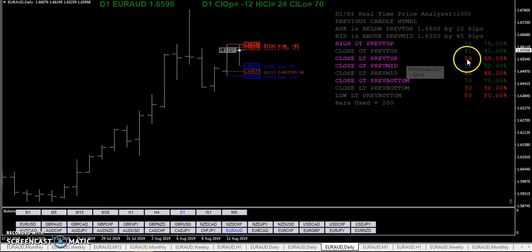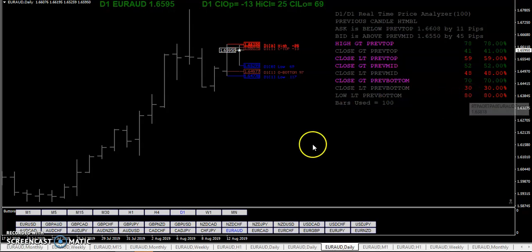Close less than 59, greater than the midpoint 52, greater than the previous bottom 70. So what this is telling me is, and then we got the low less than the previous bottom 80% of the time.